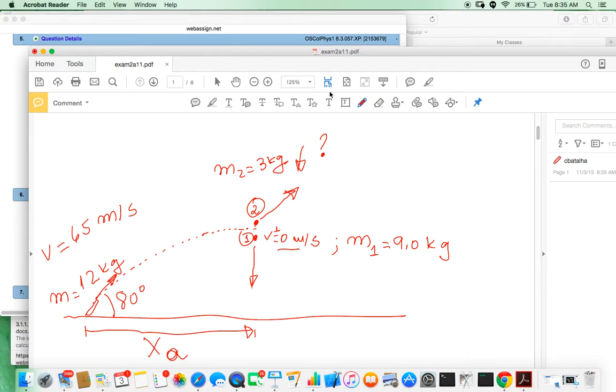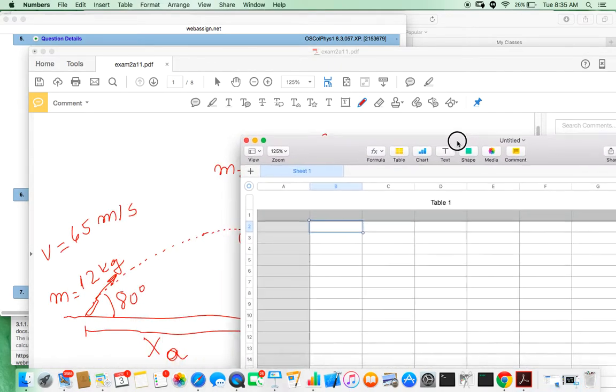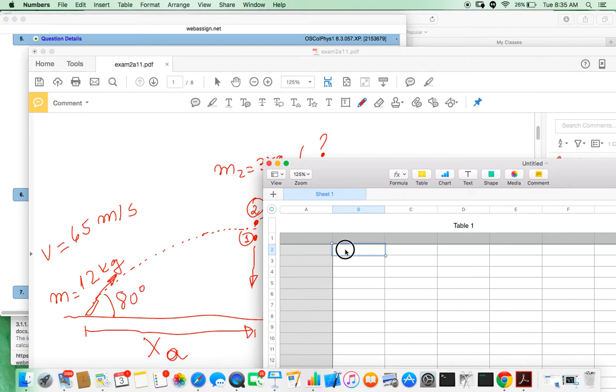Okay, so let's try to solve for that. So the first part you should be able by now to solve if you recall what you learned in projectile motion. So let's bring information and put it in a table. So mass, how do I do this?